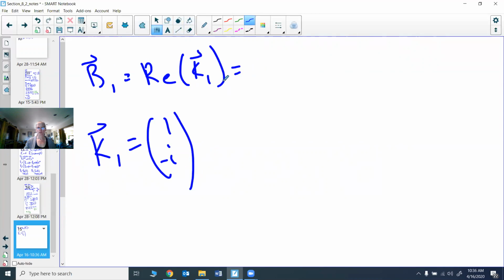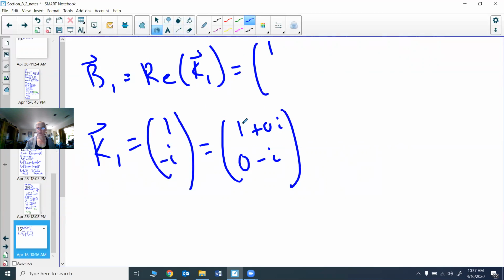This is my vector. The real part, 1 is real. In the second entry there is no real part. You can think of this as 1 plus 0i and 0 minus i. So your real parts are the 1 and 0.